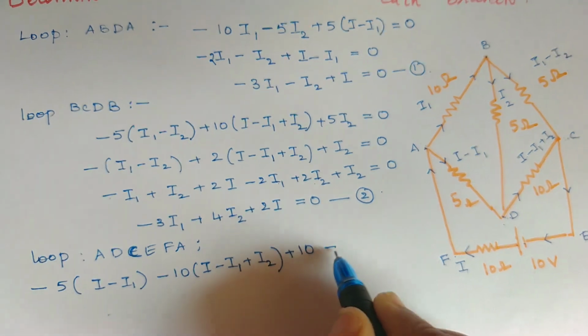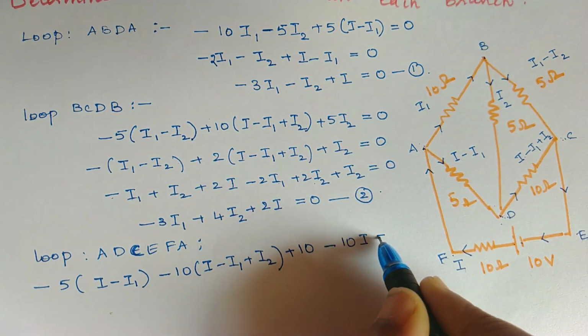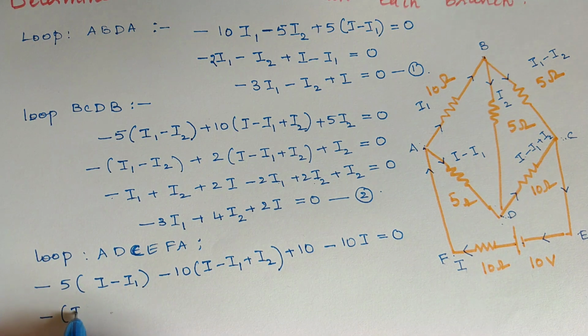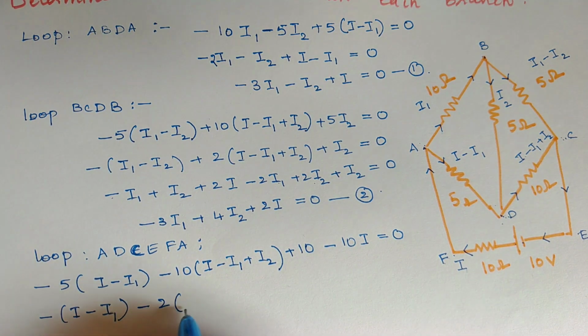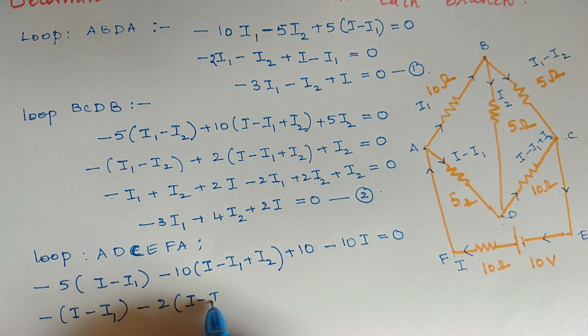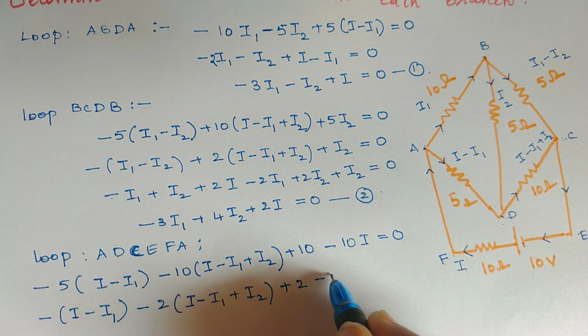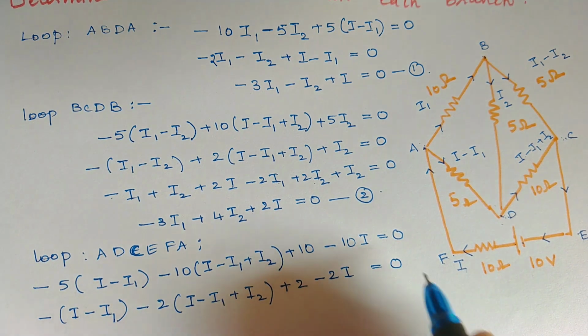In the direction is minus 10I should be 0. Again take out 5 common, minus of I minus I1 minus 2 into I minus I1 plus I2 plus 2 minus 2I is 0.